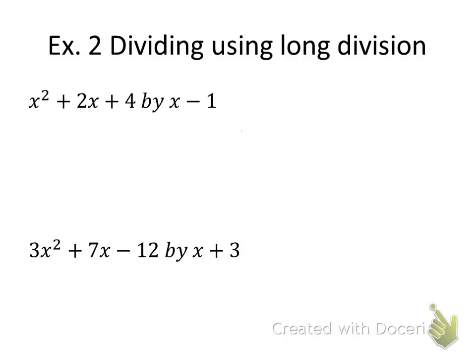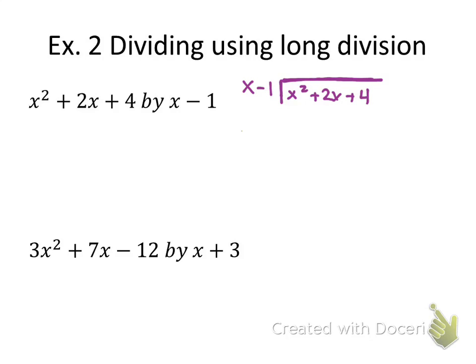Now I want everyone to pay attention carefully here. So I write x minus 1 on the outside, and underneath I have x squared plus 2x plus 4. And this is exactly what you do, okay? It looks like it would be really complicated, but it's actually really not, okay?